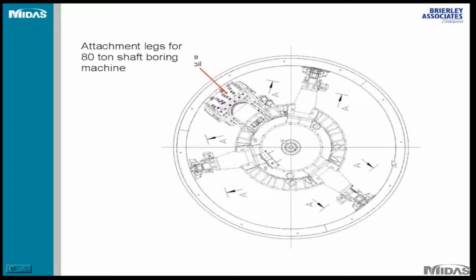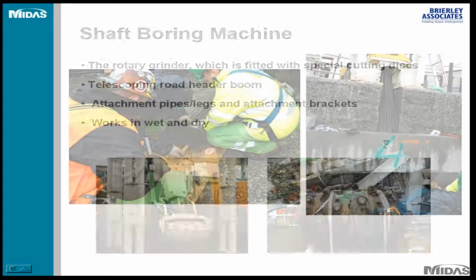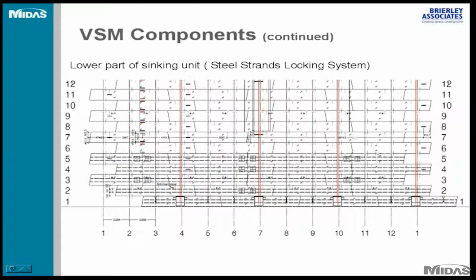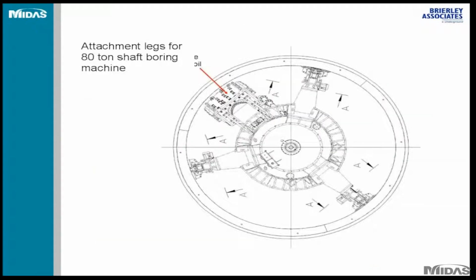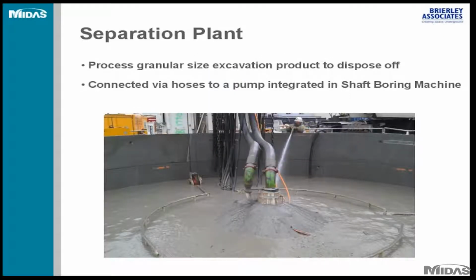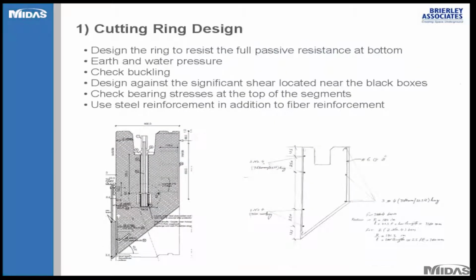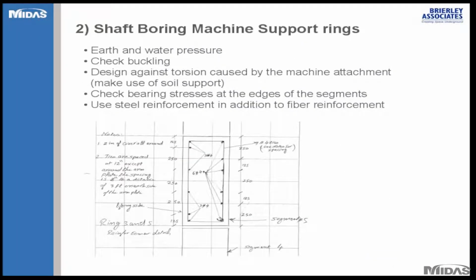If I go back, you see the boring machine was attached to ring number 3 and to ring number 5. These are the two rings that the blades went across to support the 80-ton vertical shaft machine here.